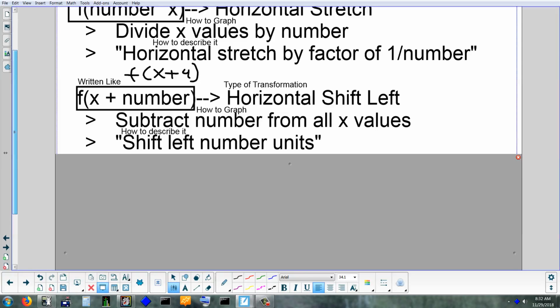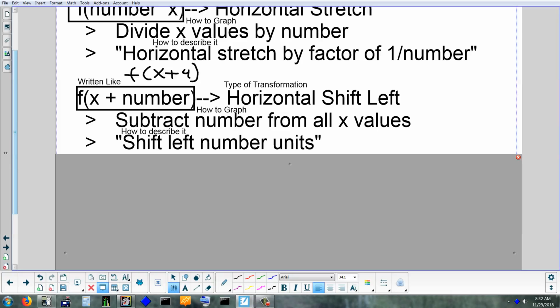Okay, so we got 2 more, and then we're done with the chart. Right? And then we'll do one more thing, and then we'll start looking at some examples. All right. So we did x plus a number. What do you think x minus a number would do if it's inside the parentheses?